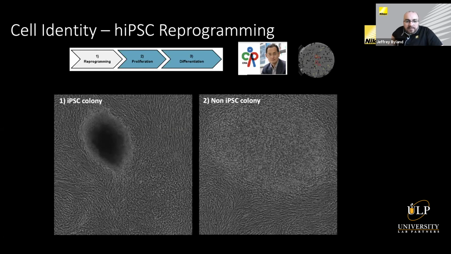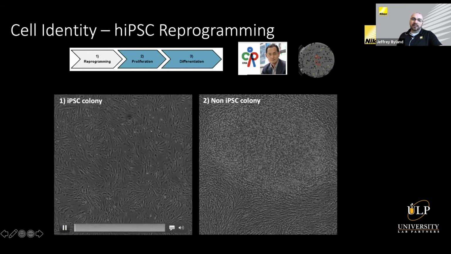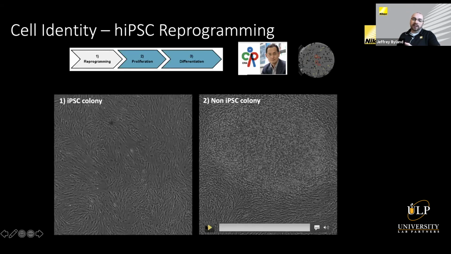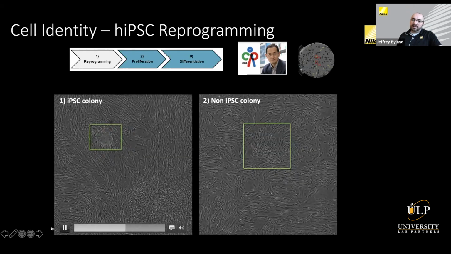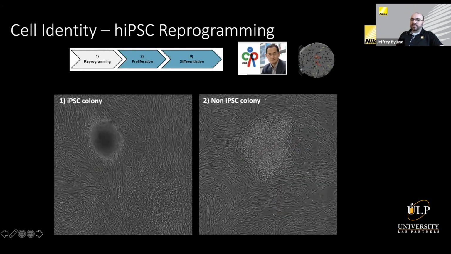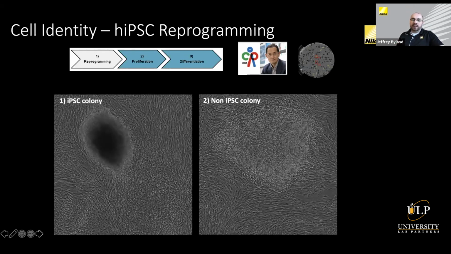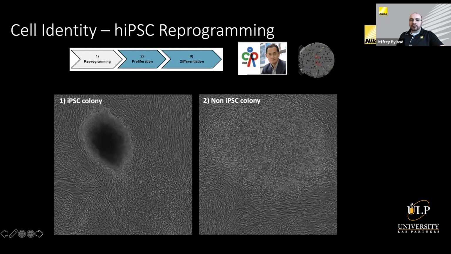And so it's important to be able to screen and identify actual colonies versus non-colonies. An example is shown here. On the left is a true colony, and on the right is a non-colony. They're very similar. A human can tell the difference, but they do it very slowly and inefficiently. And so the goal is to create systems that can do this in an automated fashion.